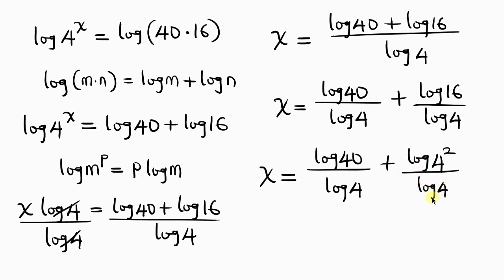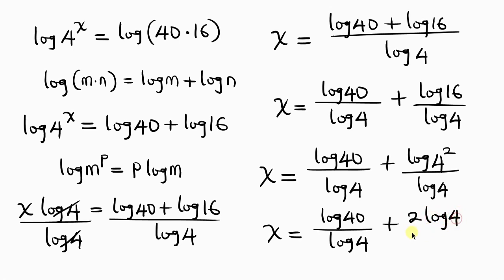Very good. Now our next step will be for us to apply the property of logarithm, which is the power law of logarithm, this one here, to what we have here. So that it becomes x equal to log 40 all over log 4 plus, and this becomes 2 log 4 all over log 4.